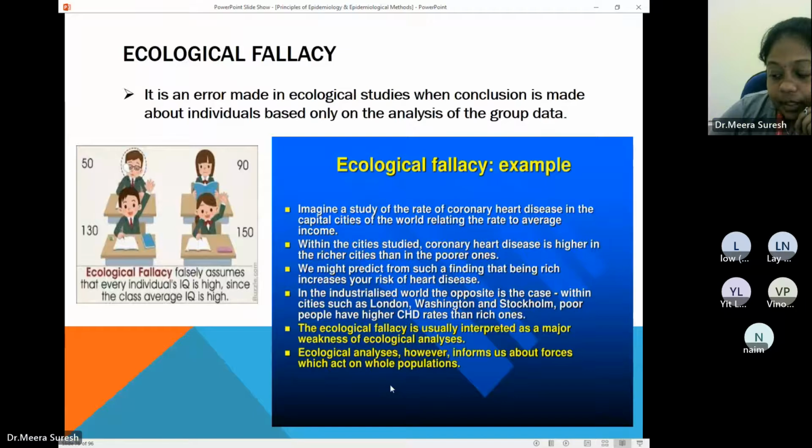Initially in India, when we go for the current research, we can see different types of results. In India, we can see another result also: nowadays CHD is increasing in poor people. And it is not that poor people have more access to junk foods.